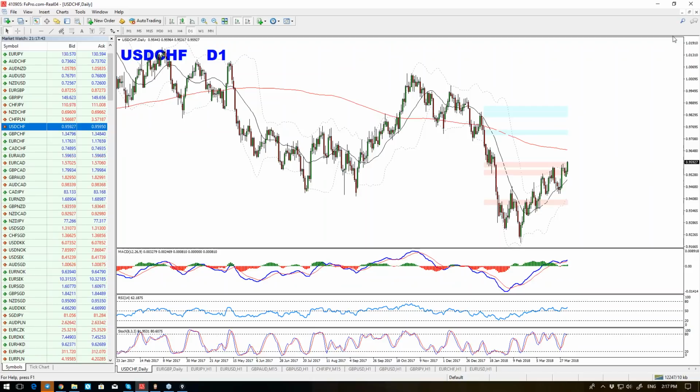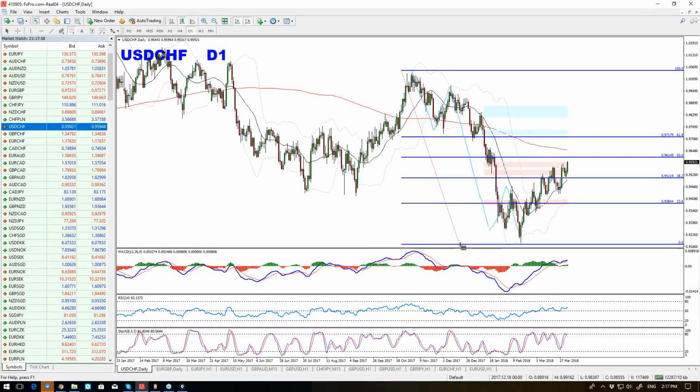The daily cycle, though, offers us this special, which means the corrections up to 38 to 50 are in place. 38.2 was reached, 50% is almost reached. That's the zone of 0.96, which means that's the place where we should start looking for the sells.